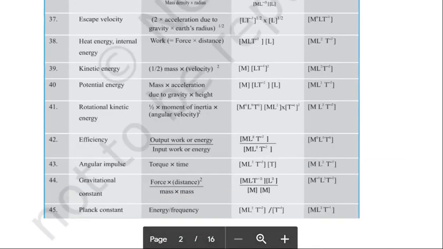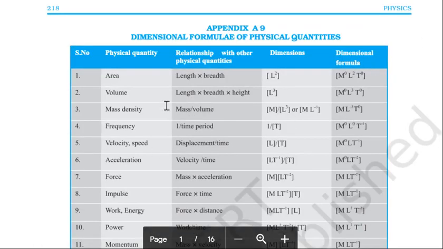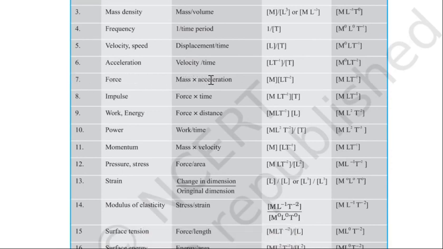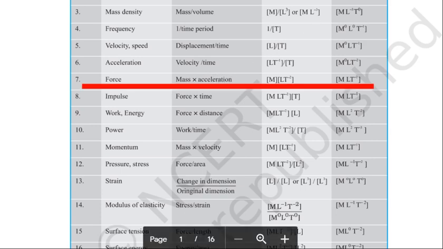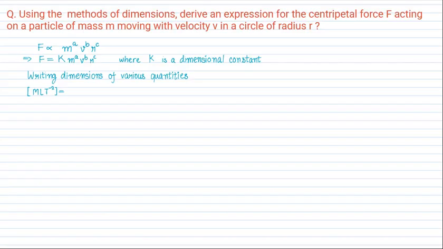For now we need the dimension for force. At number 7, the dimension of force is mass times acceleration, and its dimension is written as MLT to the power minus 2.